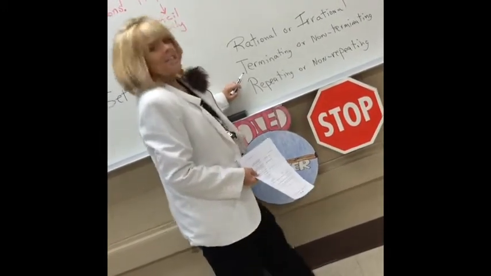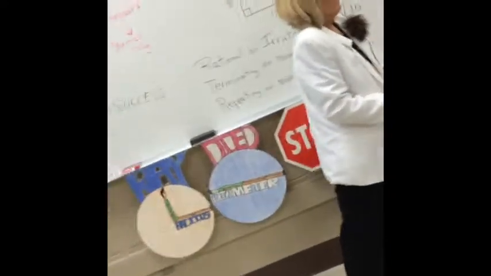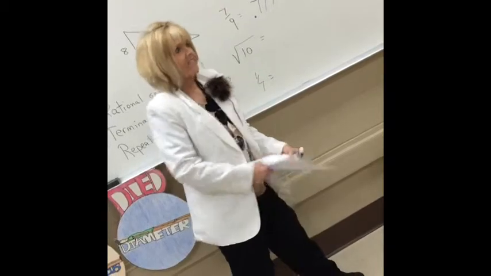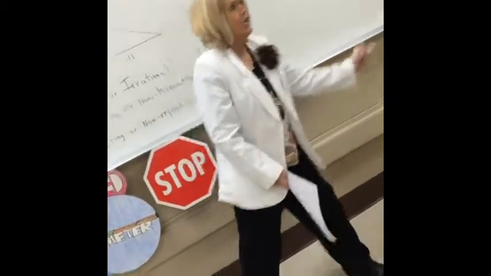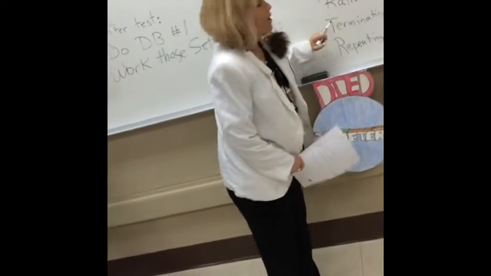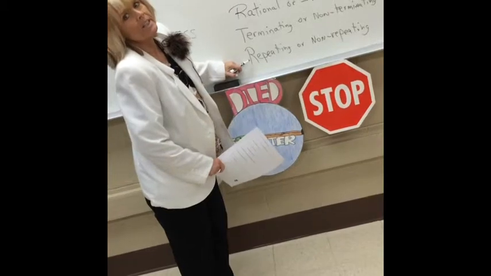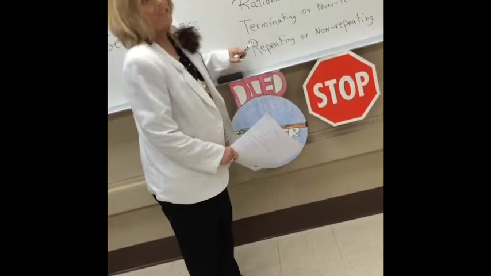Non-terminating. Terminating means it stops. It's not. Remember I said it doesn't really stop, because it goes 7, 7, 7 forever. Now, is it repeating or non-repeating? Repeating. It's repeating. 7, 7, 7, 7.